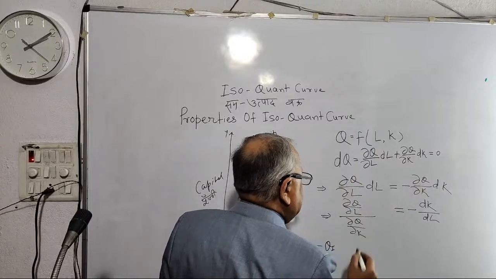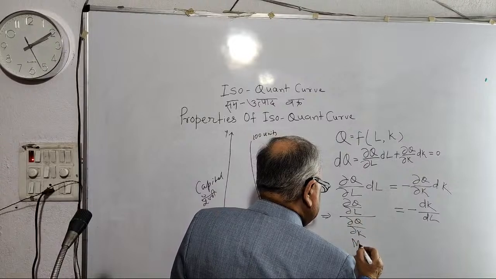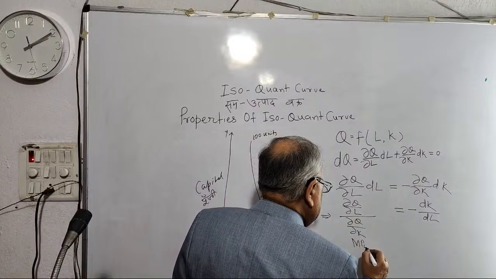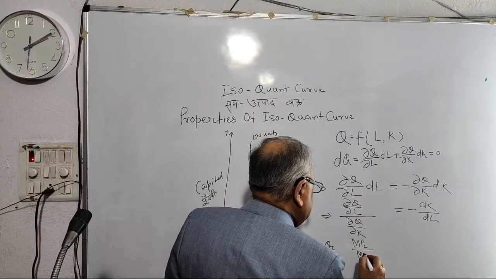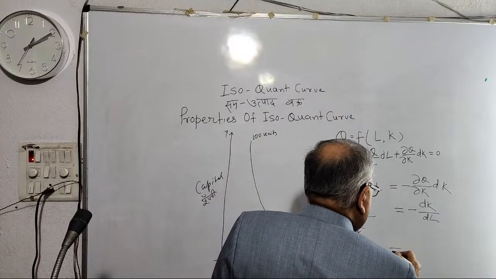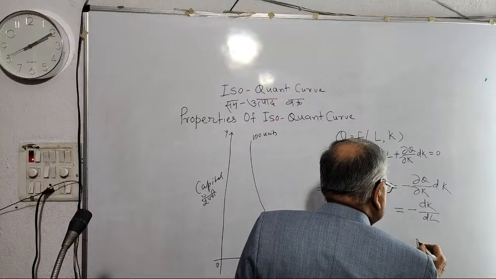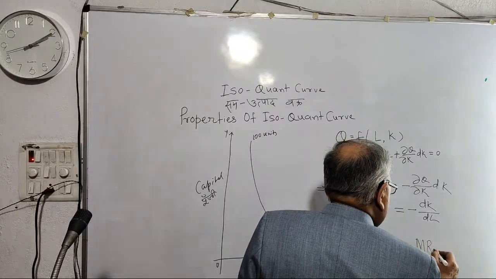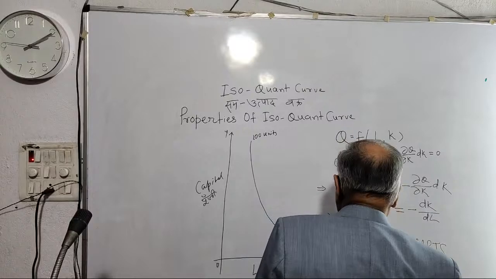What is the meaning? In economics, del Q by del L is equal to the marginal productivity of labor. Del Q by del K is equal to the marginal productivity of capital. And minus dK by dL is the marginal rate of technical substitution between labor and capital.